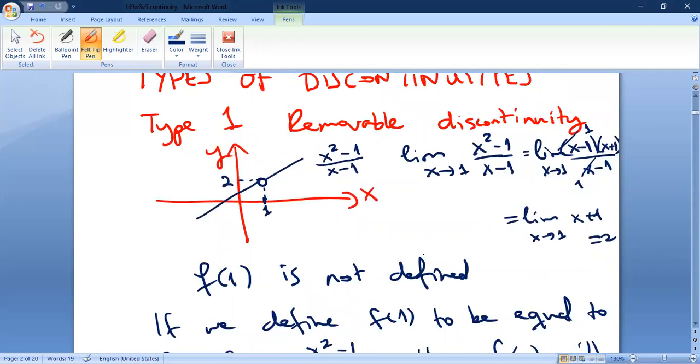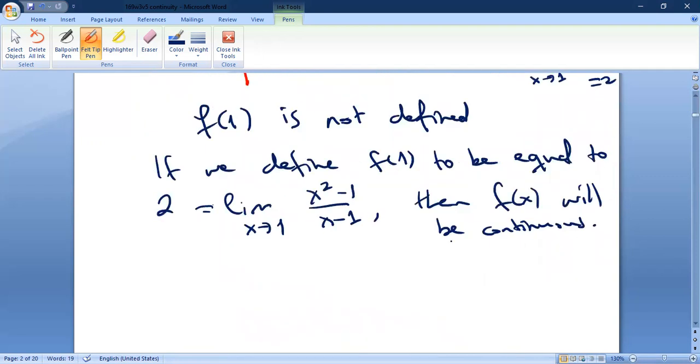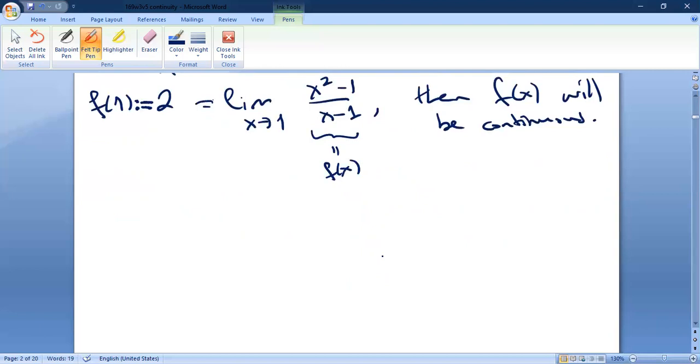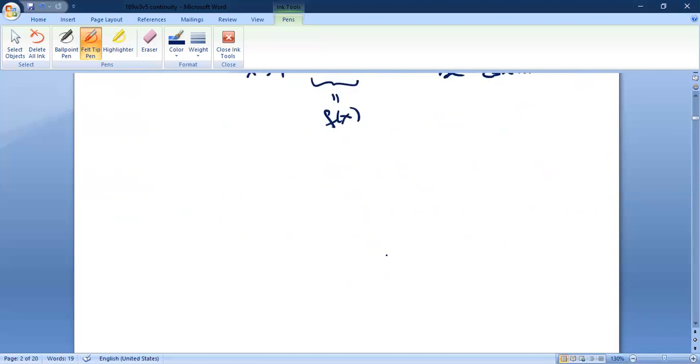Actually, it's discontinuous because f isn't even defined at 1, but we can define f of 1 to be equal to 2. So if we define f of 1 as equal to 2, then it's going to be equal to the limit of the function also, and we are going to have a continuous function. So this is called a removable discontinuity. So if there is a hole in the graph, then it's a removable discontinuity.